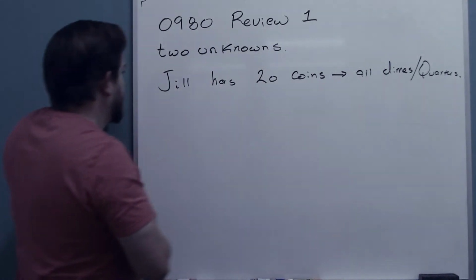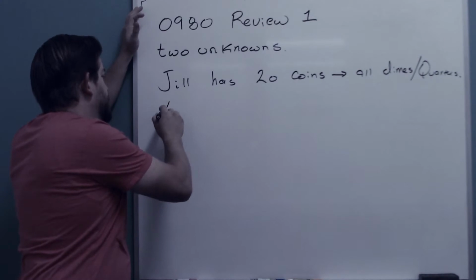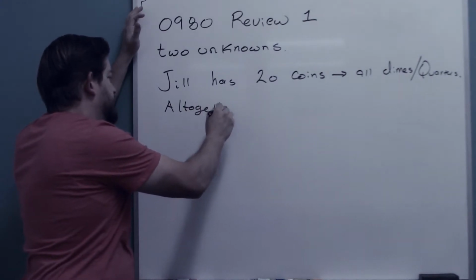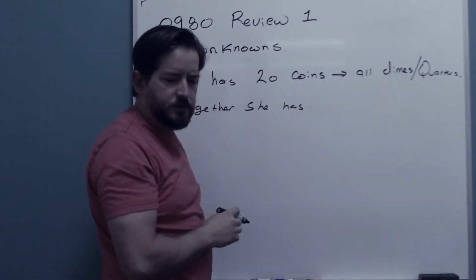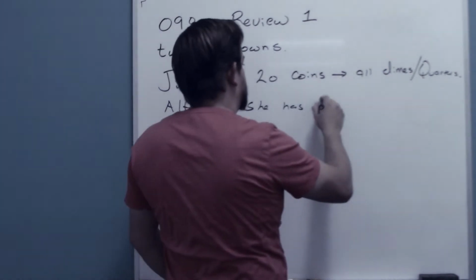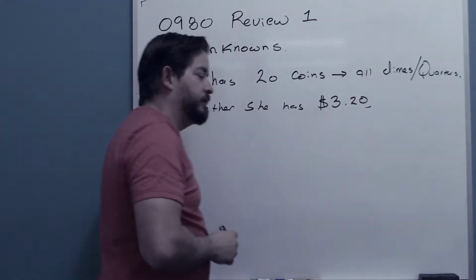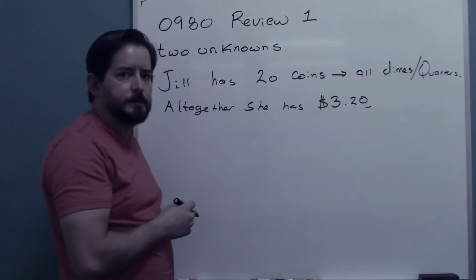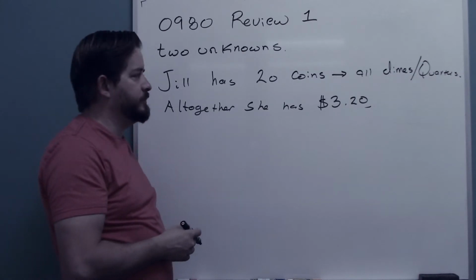And if they are all together, she has $3.20. How many of those are dimes and how many are quarters? So we've seen this problem, we've seen it with nickels and dimes, I think, maybe before.